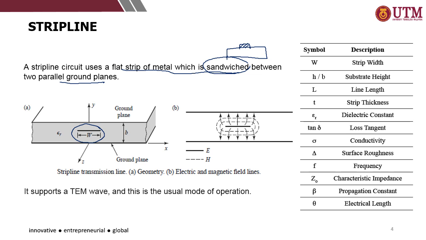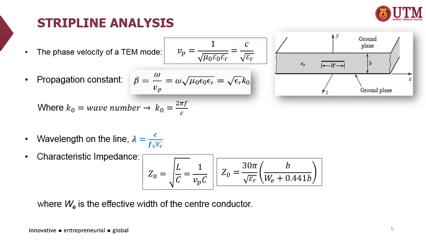So to revise, the strip line supports TEM wave, TEM mode, and this is basically the common mode of operation for strip line. For strip line, we can calculate the phase velocity for the TEM mode of operation, Vp, by using the following equation.